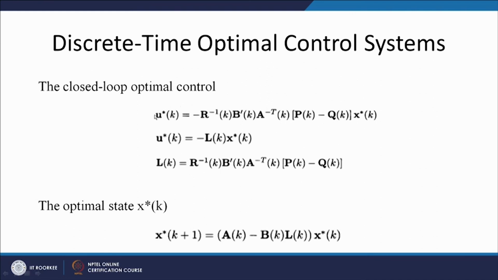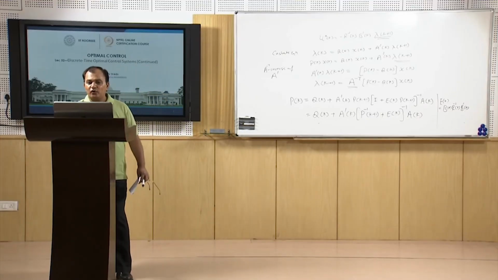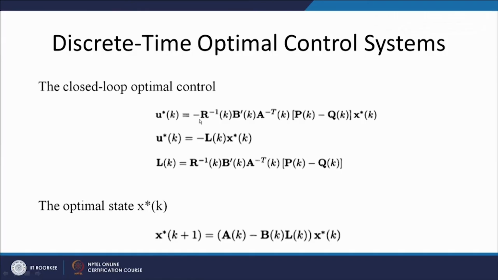This means I am representing my Uk in terms of the Xk, so that I can utilize closed loop control. So, I can have the state feedback as x of k, this R inverse B prime A minus transpose of the A inverse Pk minus Qk, which I can define as my L.